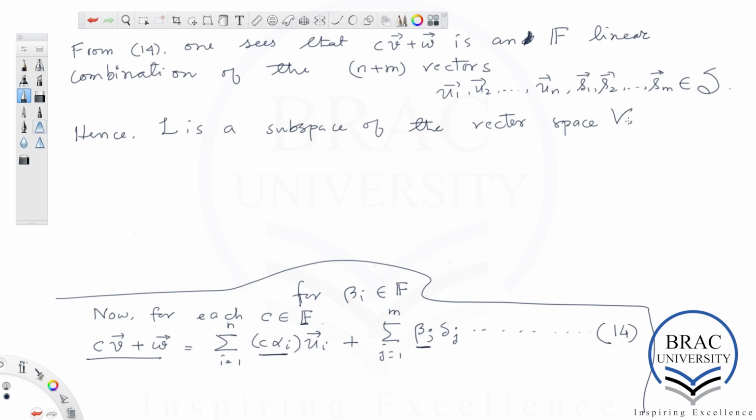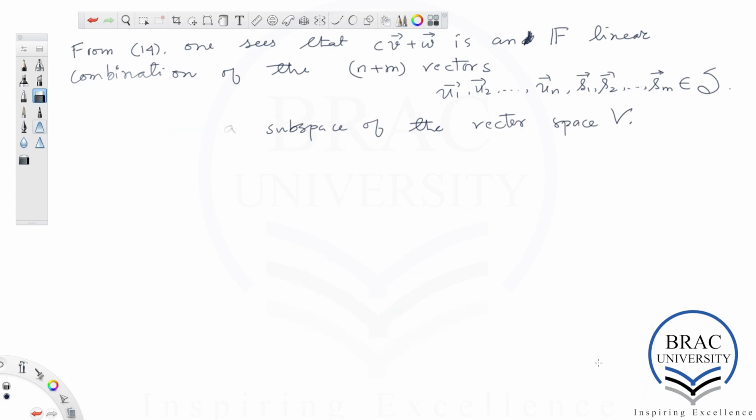We proved that the set of all linear combinations is a vector subspace of the vector space V. Now let me erase everything.